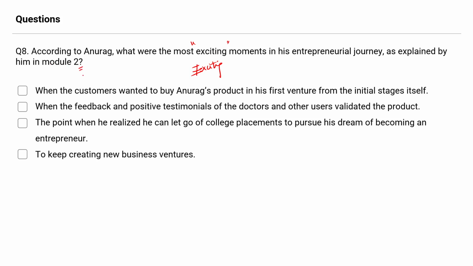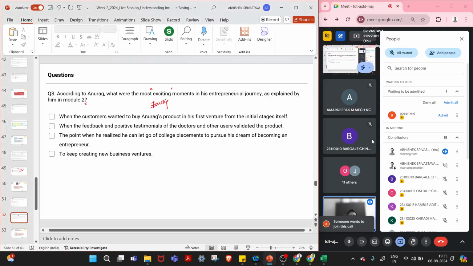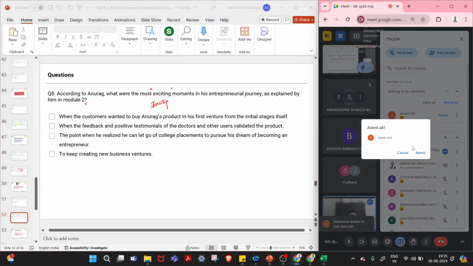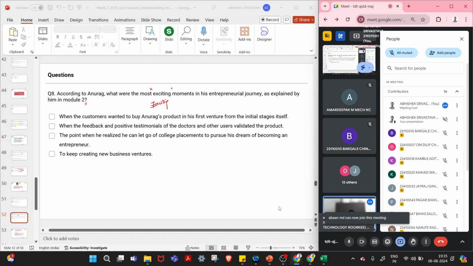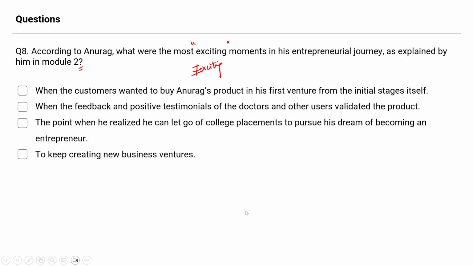In general, I would suggest that you please go through the challenges and the low moments as well as the exciting moments of all these three, because the question might come up for any one of the three panelists, which includes Amit and Anurag as well as Mayuri, right? So keep a watch on all these three critical aspects: what suggestions they are giving, what challenges they faced, what were the high and low moments, what were the turning points, what were the pivot points of their startups.